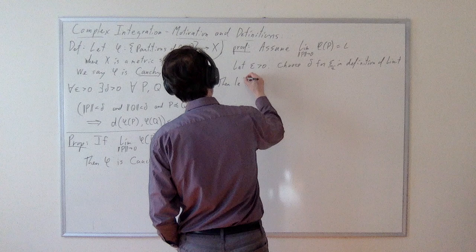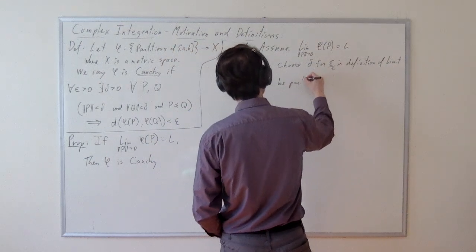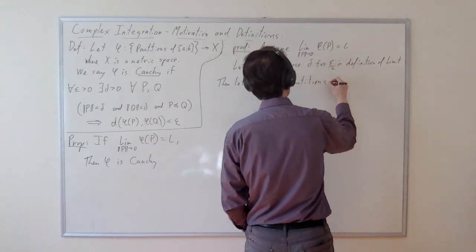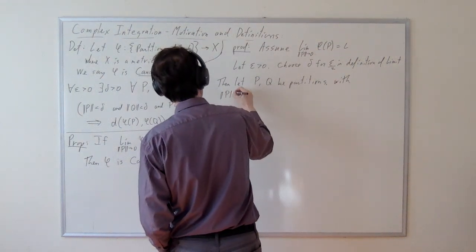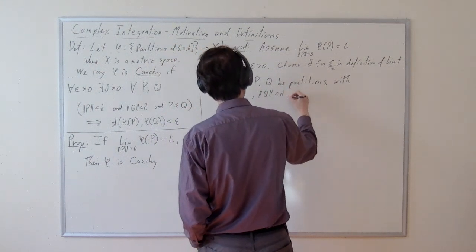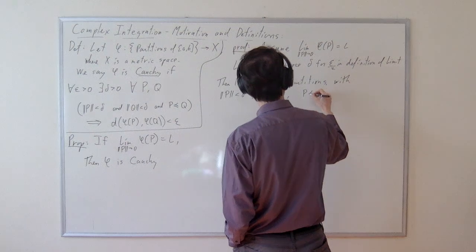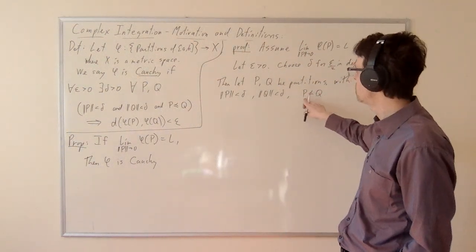So I'm going to continue and assume all of this. Let P and Q be partitions, and we're going to assume of them that the modulus of P is less than delta, the modulus of Q is less than delta, and that P is refined by Q. In this proof, this doesn't actually figure in at all, which is suspicious.